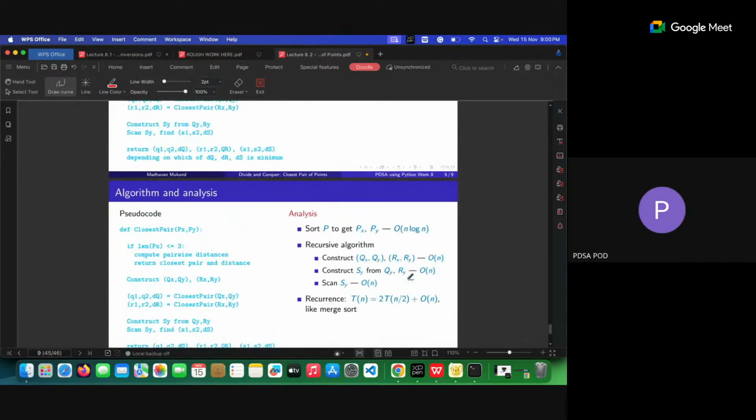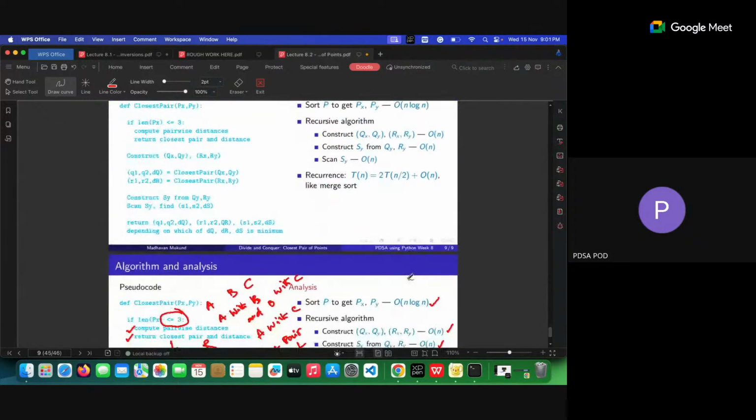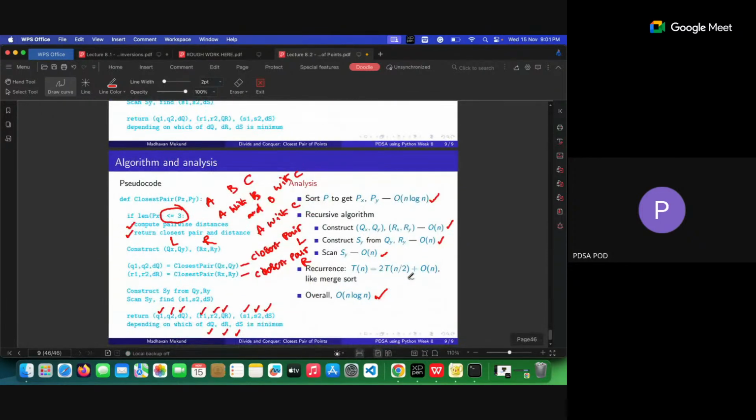Where it is 2-dimensional; if it is 1-dimensional, it is pretty easy. You sort them and compare only adjacent elements. Whenever 2-dimensional points are given, we split them into left and right partitions, find the shortest pair in the left partition, the shortest pair in the right partition, then the shortest pair across the boundaries.